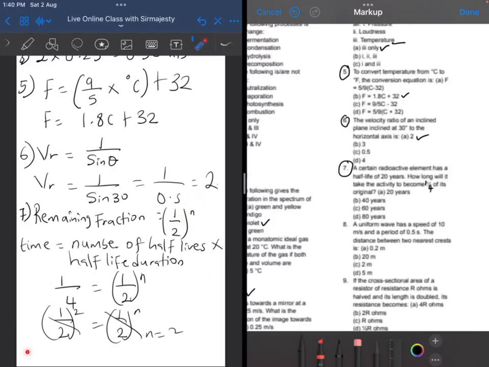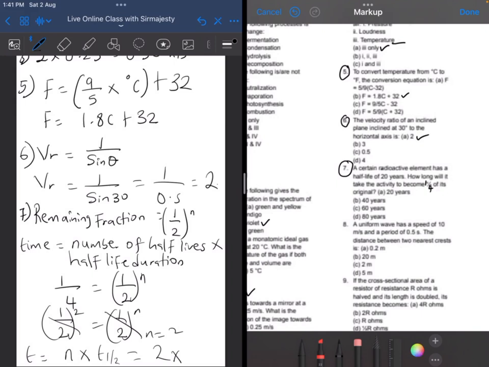So t is equal to n times t half, which is 2 times the half-life duration, which according to the question is 20 years. So 2 times 20 years is 40 years, and that's the answer.